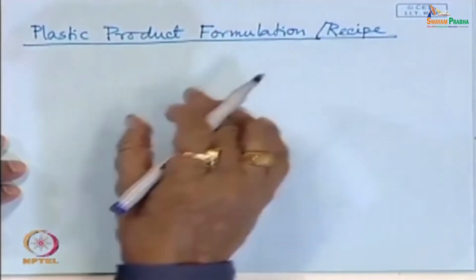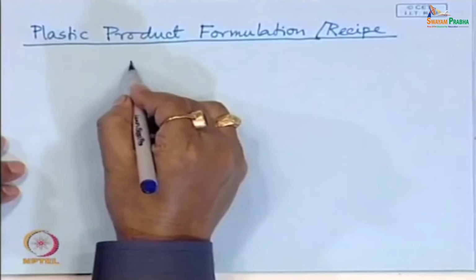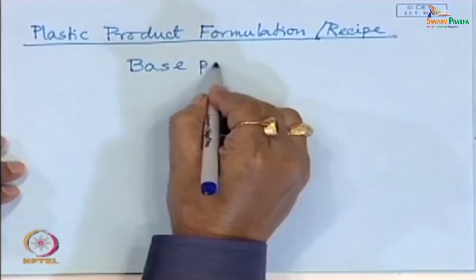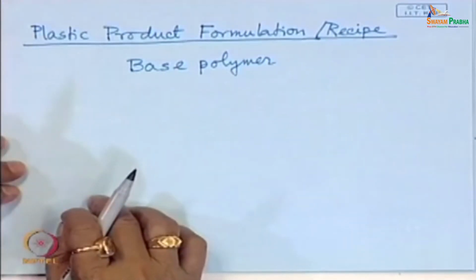That means, what would be the ingredients, in what amounts. Before making any product, you first go for a selection of these ingredients and their amounts. First comes the base polymer for that particular plastic product.